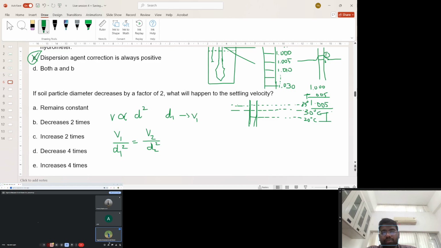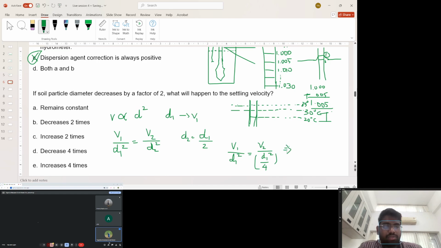All right. Now d2 is half of d1, that is d1 by 2. Same relation: v1 by d1 square is equal to v2 by d1 square by 4.